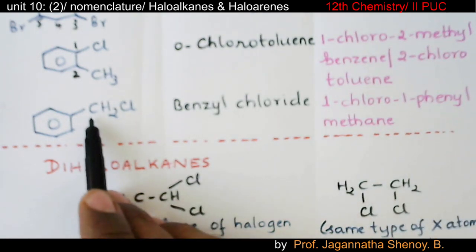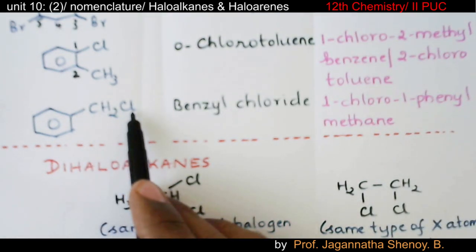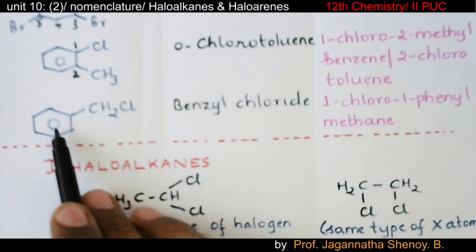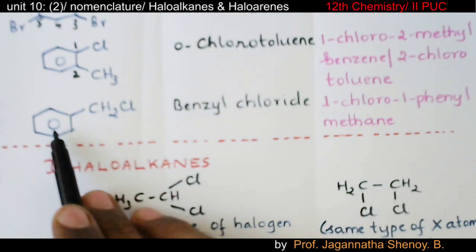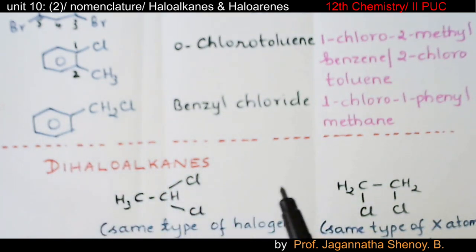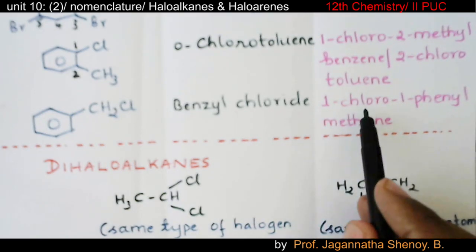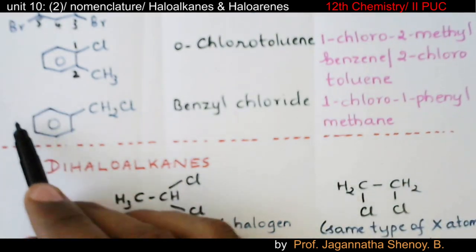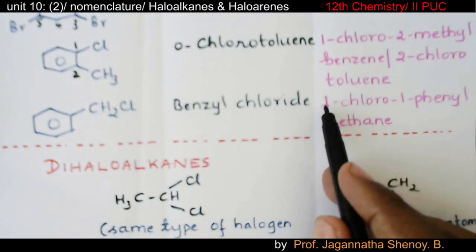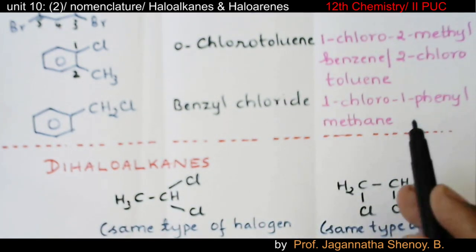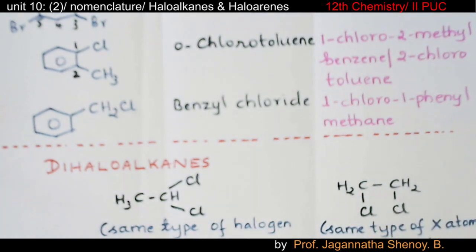And on that carbon atom, we have a chloro group and a phenyl group. So chloro comes alphabetically first compared to phenyl. That's why the IUPAC name will be 1-chloro-1-phenyl methane. So that's about the IUPAC names.